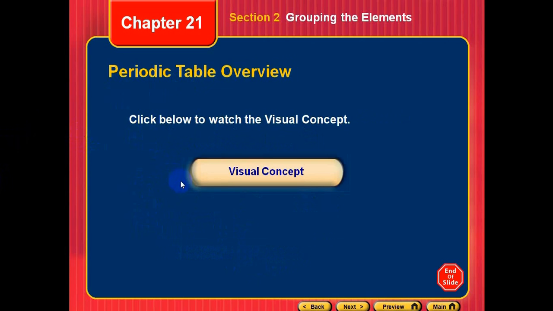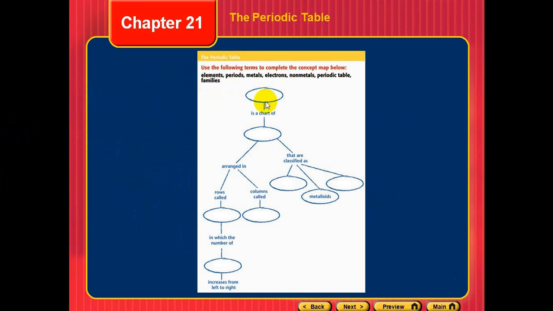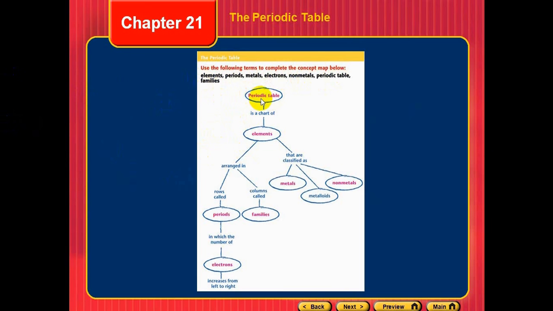This was everything for today. The periodic table. Let's solve this together. Concept mapping. Here we have to put elements, periods, metals, electrons, nonmetals, periodic table, families. So in the first one here will be: the periodic table is a chart made of elements. We arranged them by rows called periods.